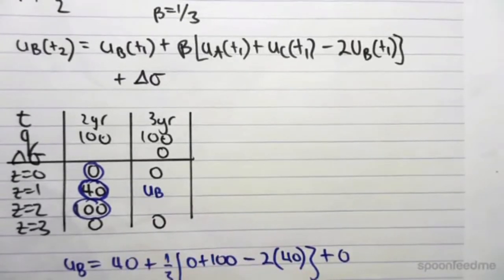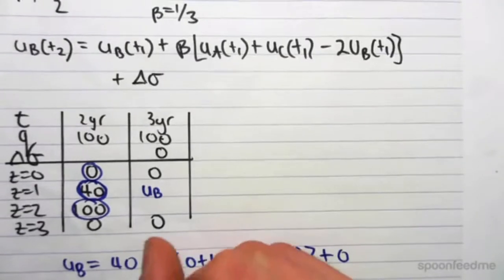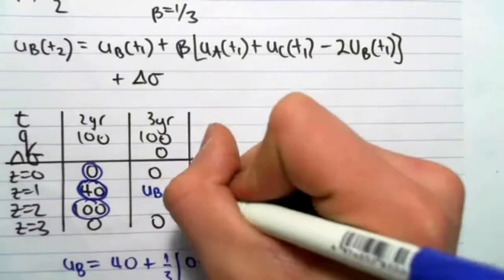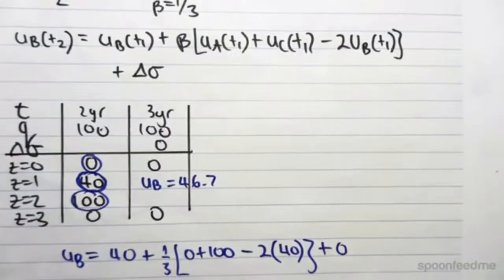So this would equal 100 minus 80 times by 1/3 plus 40, so 46.7. So this is 46.7.